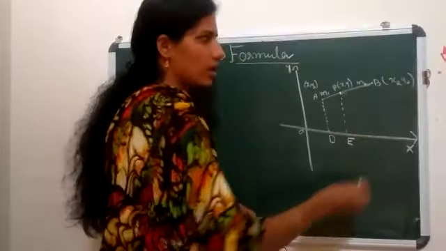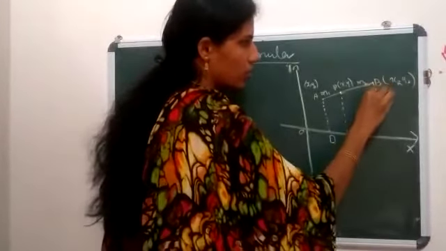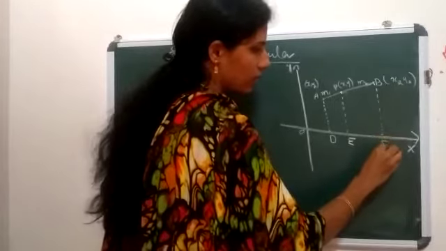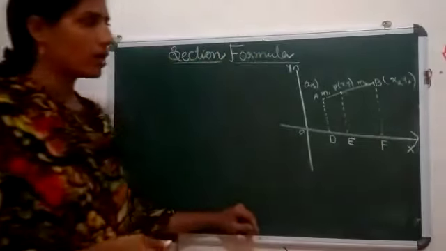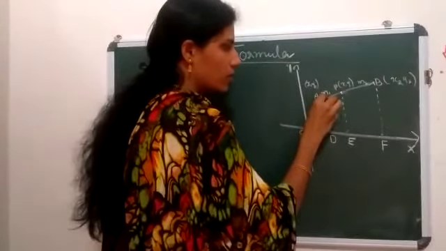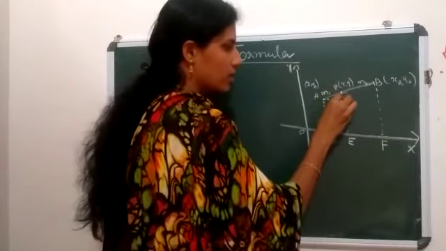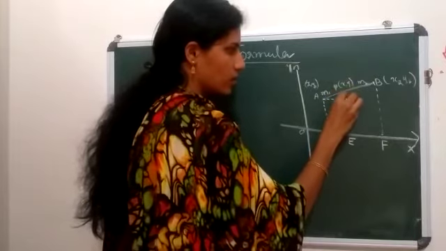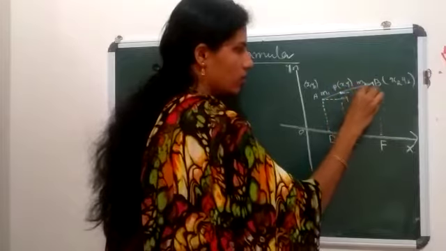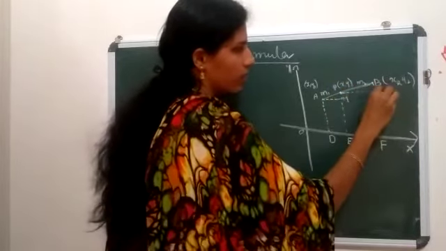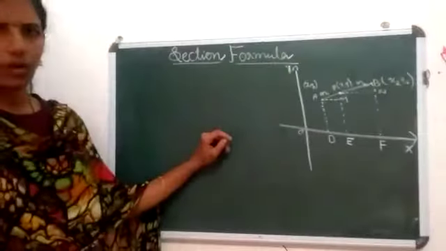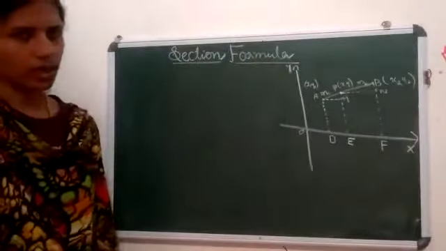This is E, and also from B, I am going to draw one perpendicular line, that is F. Okay, now see, I am going to draw one perpendicular line to this line also. This I am going to denote as M, and from P to FP, this is also I am going to denote as N. Okay, so our drawing is over.